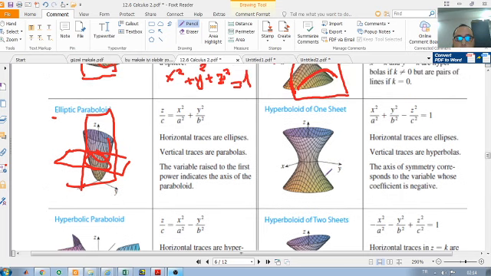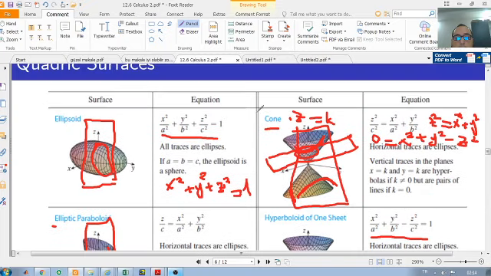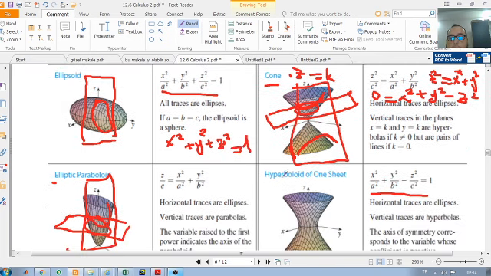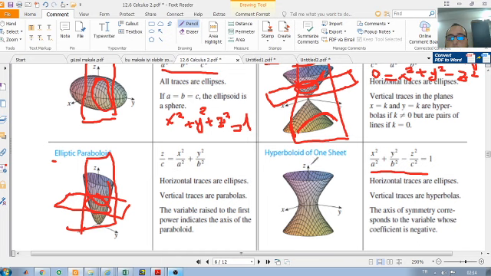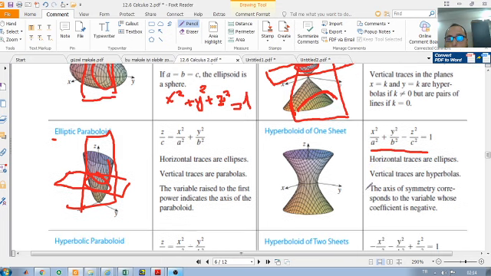and so on. Another special surface is called the hyperboloid of one sheet, whose equation is given here: x squared plus y squared minus z squared. So if we write minus instead of plus in the equation of the ellipsoid, we obtain another special surface which is called the hyperboloid of one sheet.